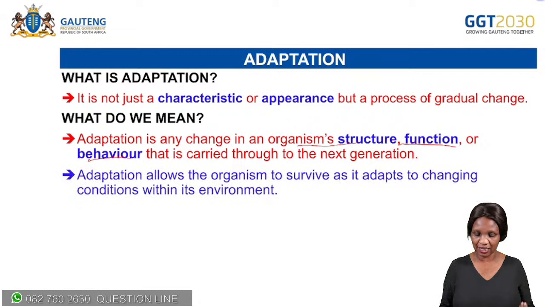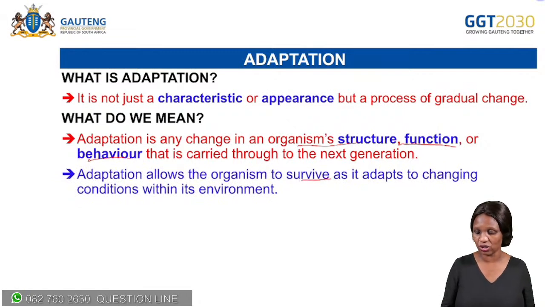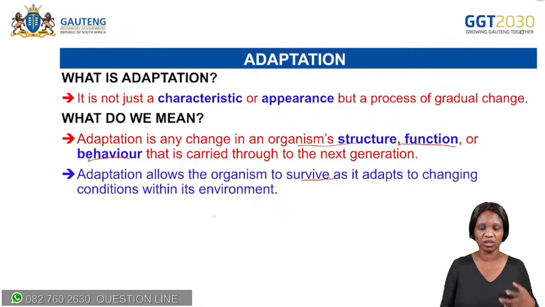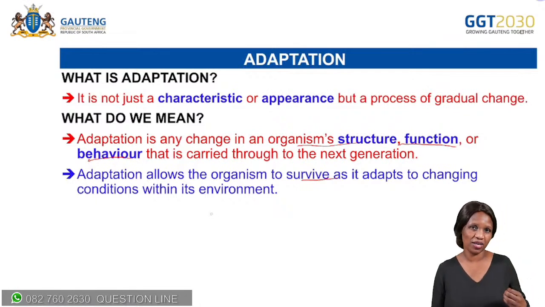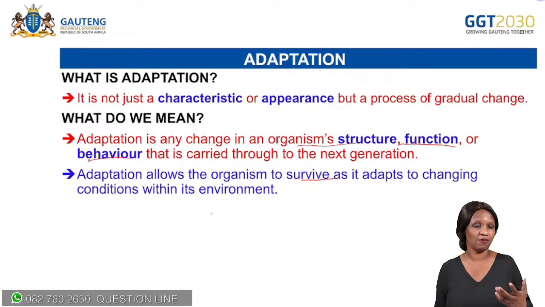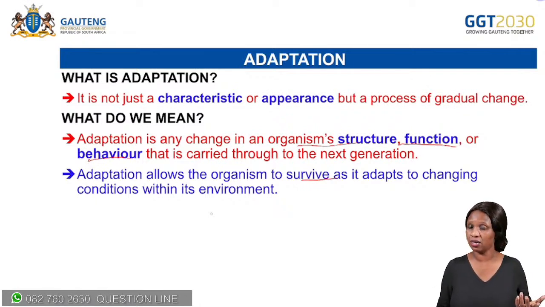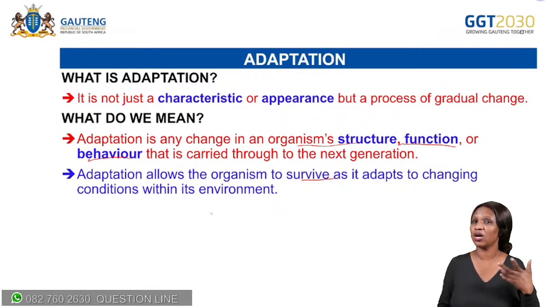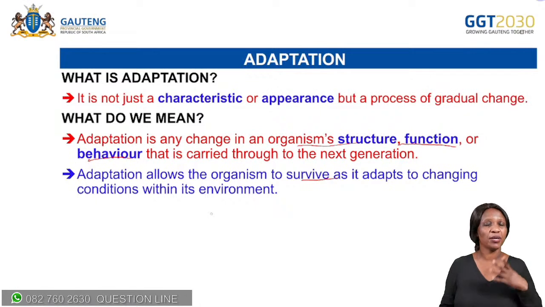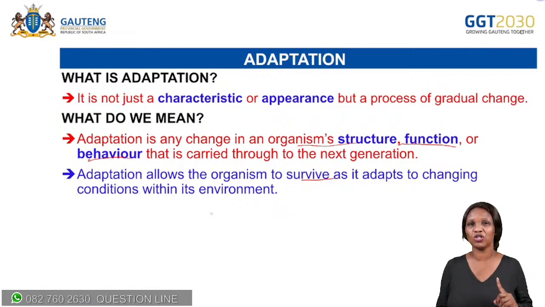And then adaptation allows the organisms to survive as it adapts to changing conditions within the environment. Right. The animals have to survive different what? Conditions. They need to adapt. They need to change to different weather conditions. Because if they don't adapt, what's going to happen?